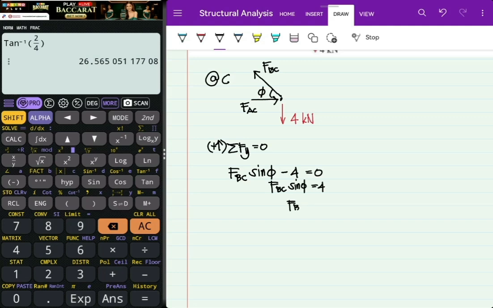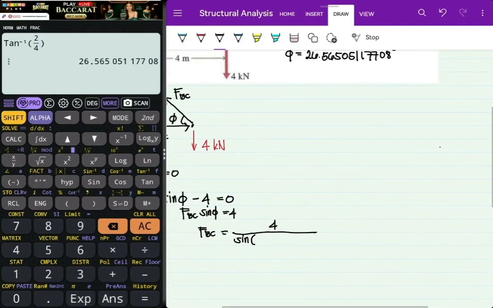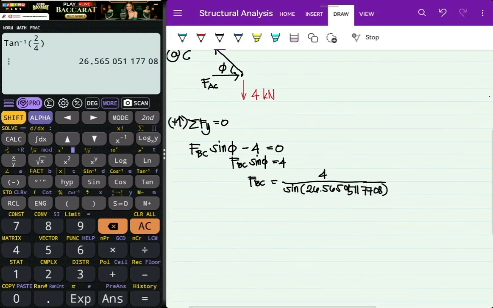Finding FBC, this is 4 divided by sine of our angle 26.56505117708 degrees.